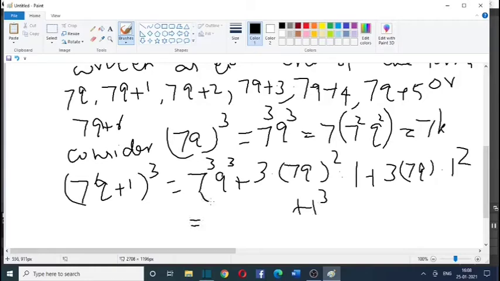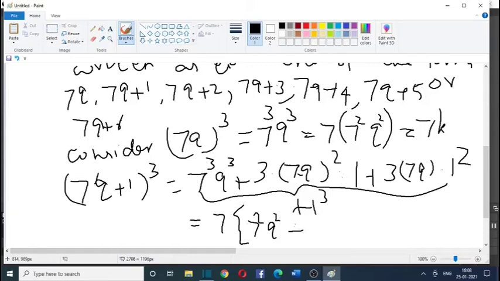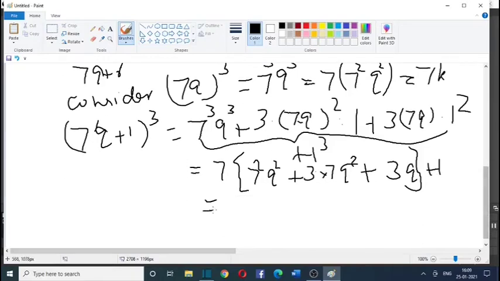In these three terms there is a multiple of 7. So we have 7 into 7 square q cube plus 3 into 7 q square plus 3q, plus 1. So this is of the form 7 into k plus 1.